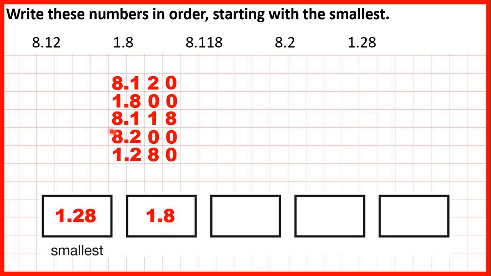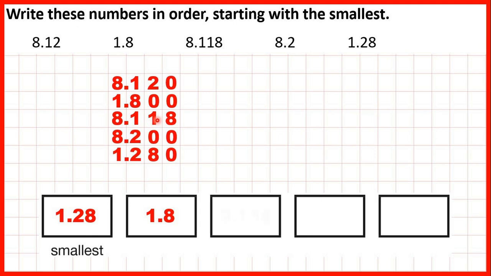So our remaining 3 numbers all have 8 ones, so let's look across to the tenths. This number has 1, this number has 1 as well, but this number has 2. So one of these numbers with 8 ones and 1/10 will be next smallest. If we move across to the hundredths, this number has 2, but this number only has 1.